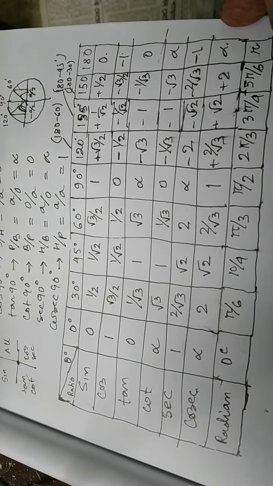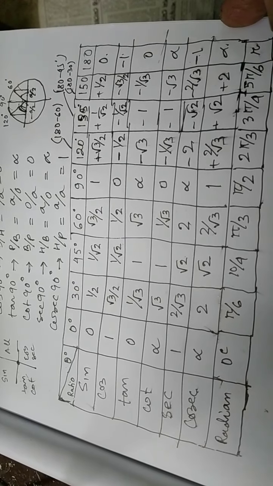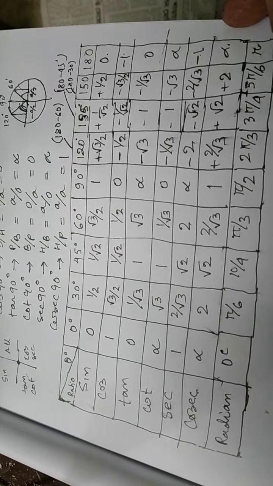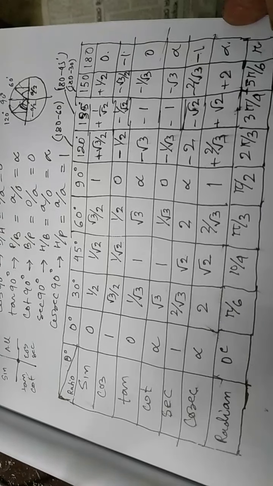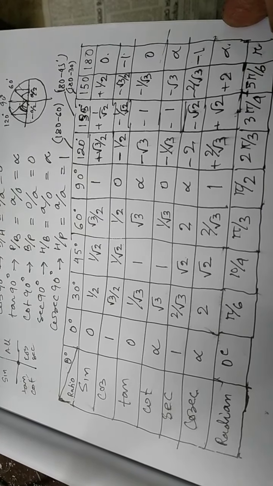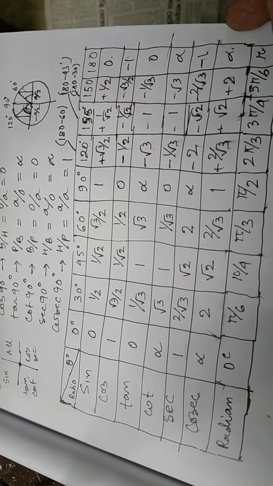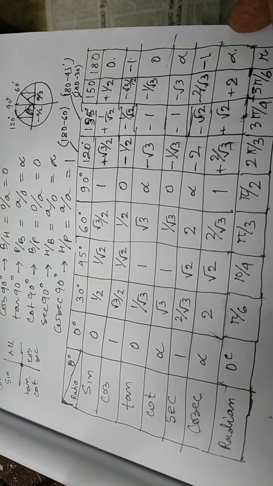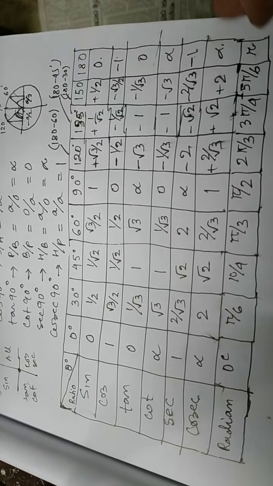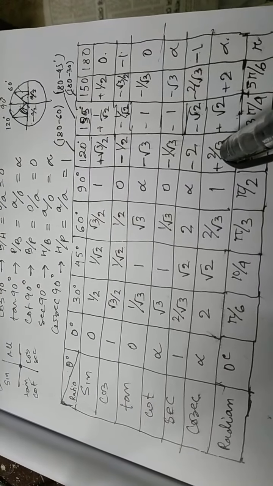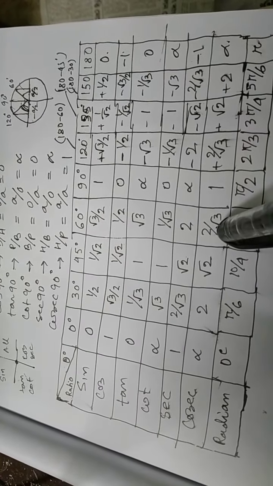150 degree means 180 minus 30 degree. 135 means 180 minus 45 degree. And 180 means 180 minus 180, that is 0 degree. So choose the column first. For 120 degree, choose the column 60 degree.